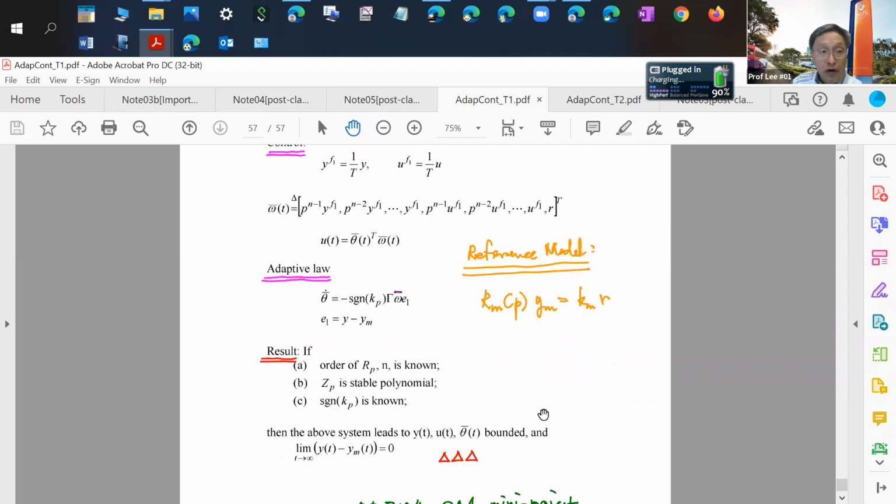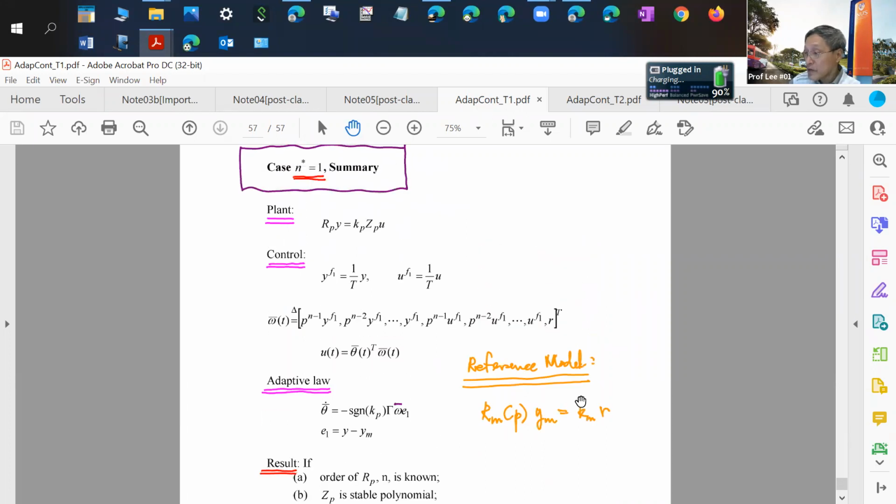In terms of the careful analytical developments, we've shown uniform stability in the entire state space and guaranteed tracking. So you will get the opportunity to work on this in your CA1, as well as work out all the details for the second order case, which would make things very, very clear for you. So that is relative degree 1.